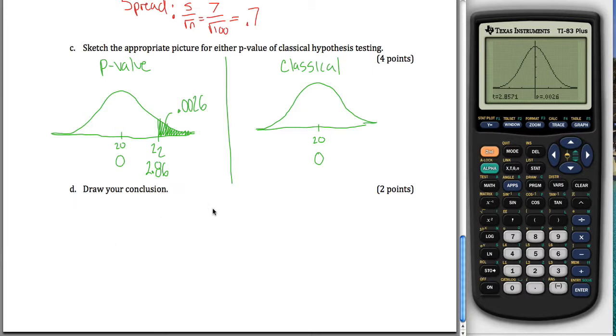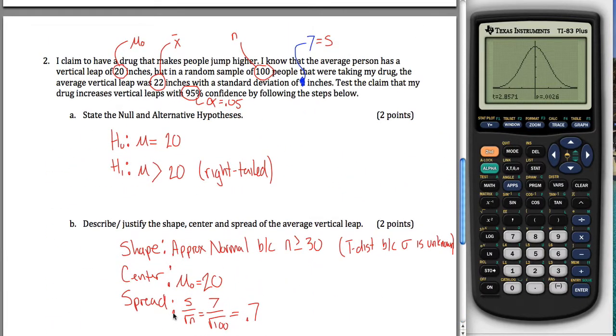Should I finish this? Sure. So if I were to draw my conclusion, I would say because my p-value, which was 0.0026, is less than alpha. Alpha was 0.05, I believe. Yeah, alpha was 0.05.